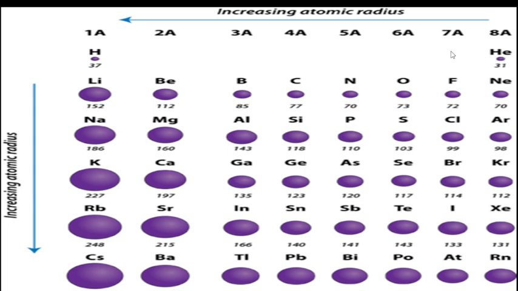At the same time, atomic radius increases from top to bottom in a group. Hydrogen is 37, lithium 152, sodium 186, potassium 227, rubidium 248, and cesium 265.